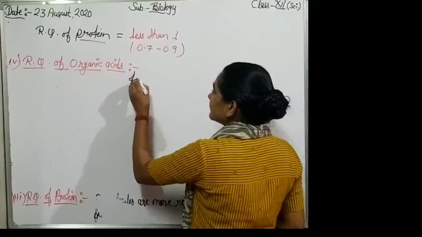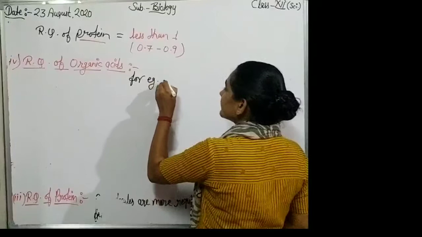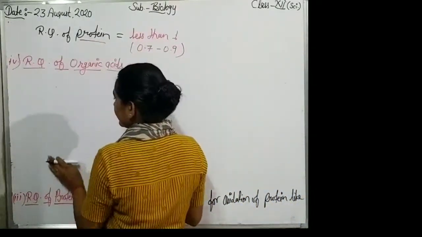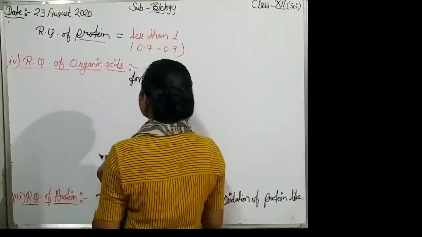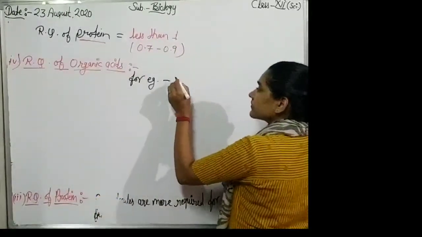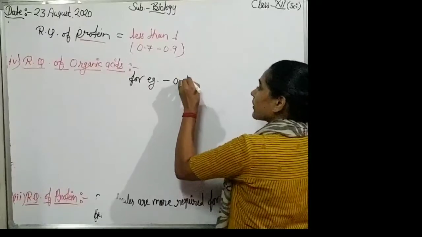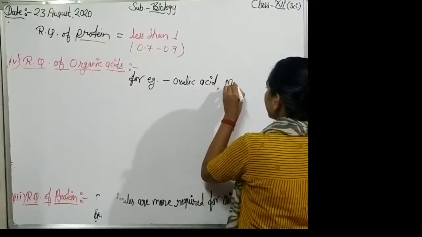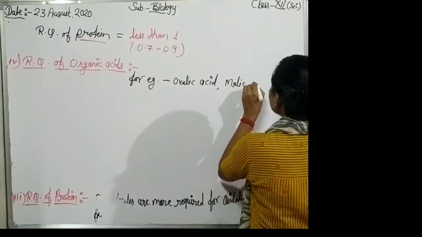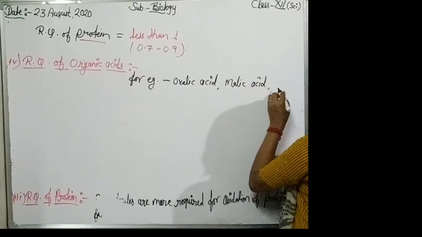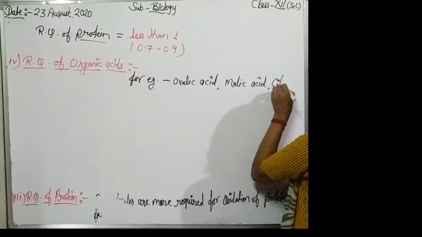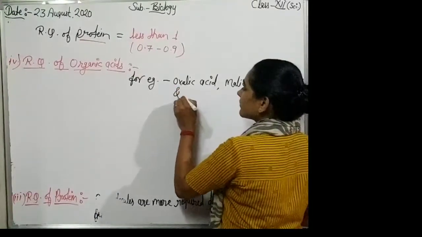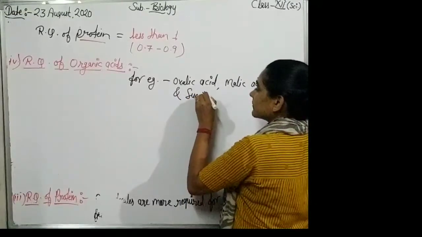For example, oxalic acid, malic acid, citric acid, and succinic acid.